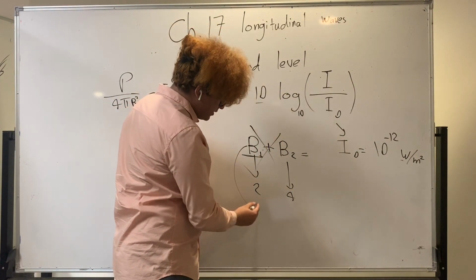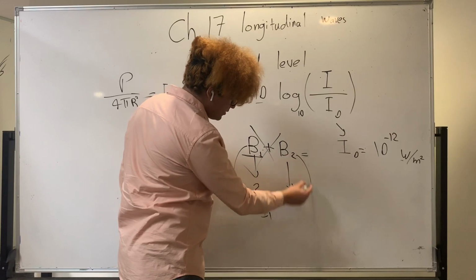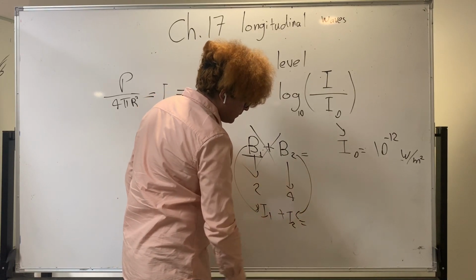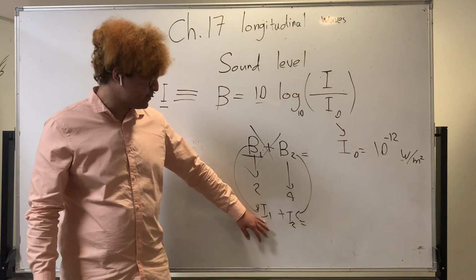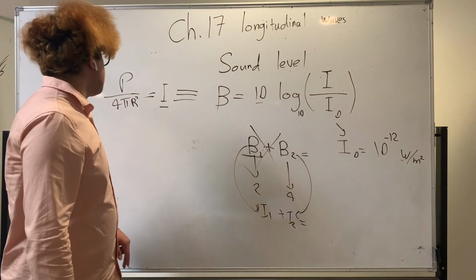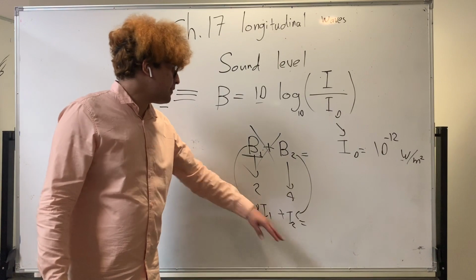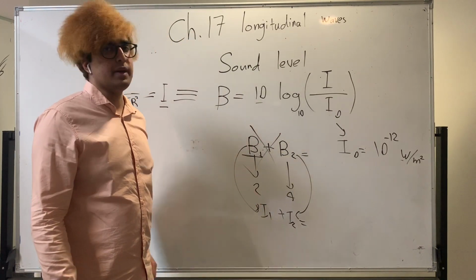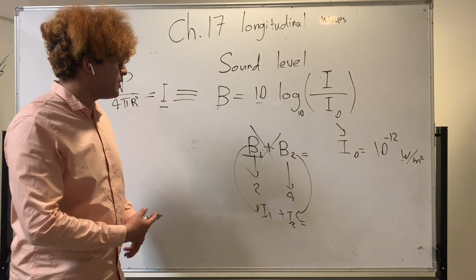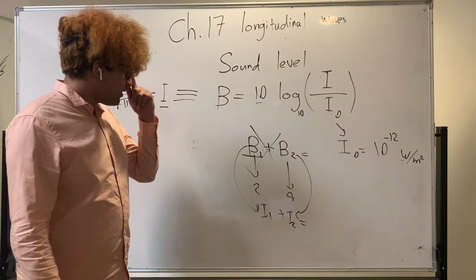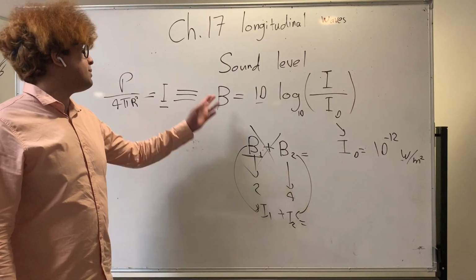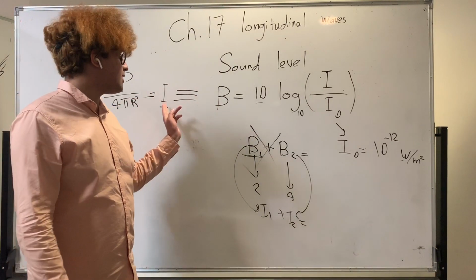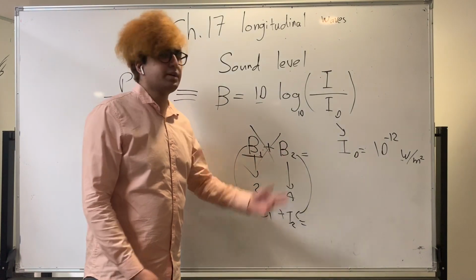So convert this to intensity 1 and this to intensity 2, and you can add them. These values are linear, so they can be added linearly, but these values are not linear. They're logarithmic, some sort of exponential value. Yeah, so that's about intensity. A lot of confusion can occur, but they're basically the same thing expressed in different ways.